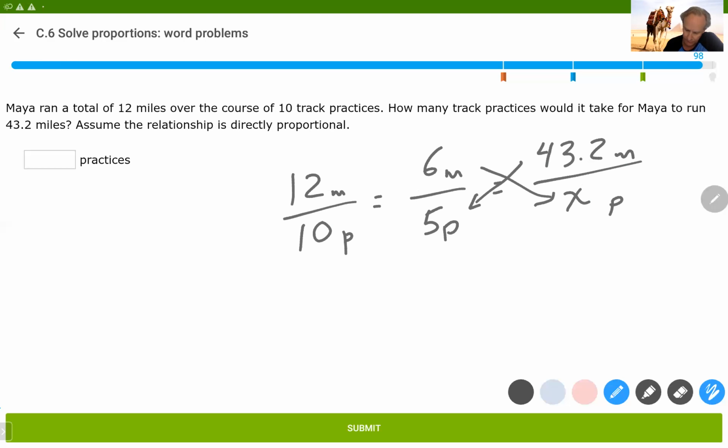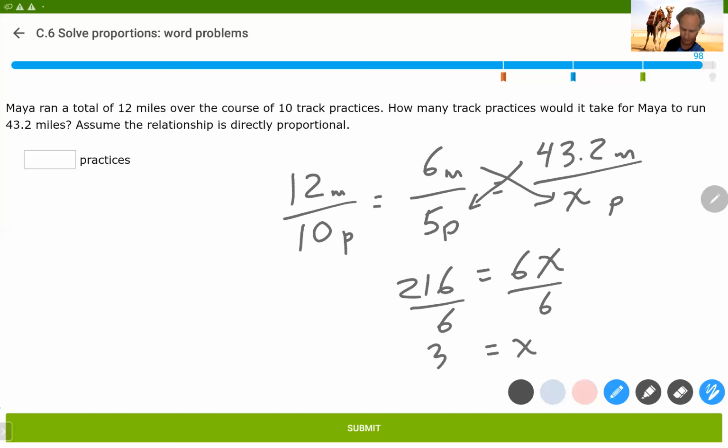That is going to be, let's see, 215, 216 is equal to 6x, and we divide by 6, and x is equal to 36 practices.